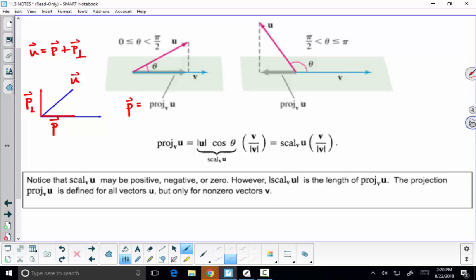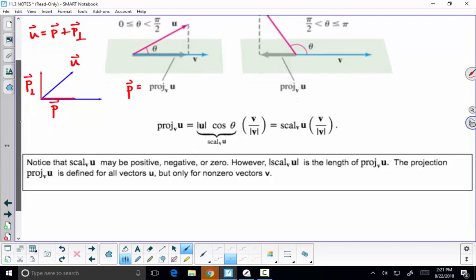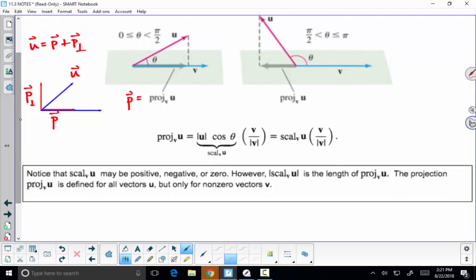Okay, so let's try to get this notation straight. Do you agree, first off, that we can think about the result, this p vector here, as a multiple of the unit vector that points in the direction of v?